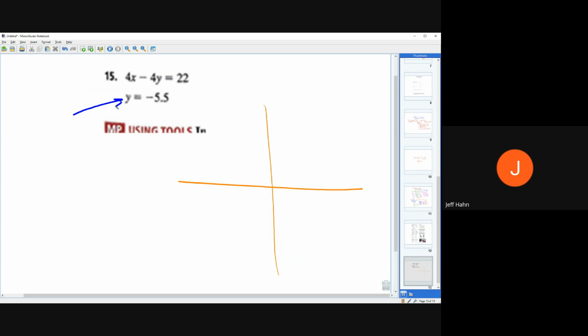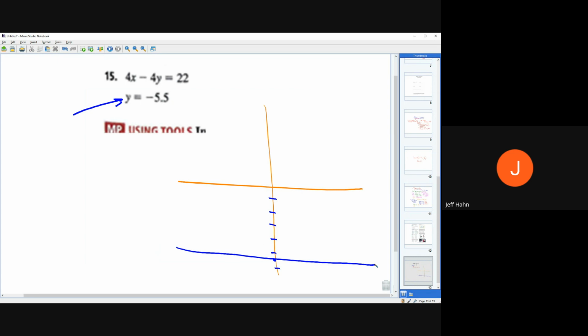So the graph of a y equals line is always a horizontal line, and the graph of an x equals line is vertical. So here at negative 5.5, you're going to get a straight across horizontal line.